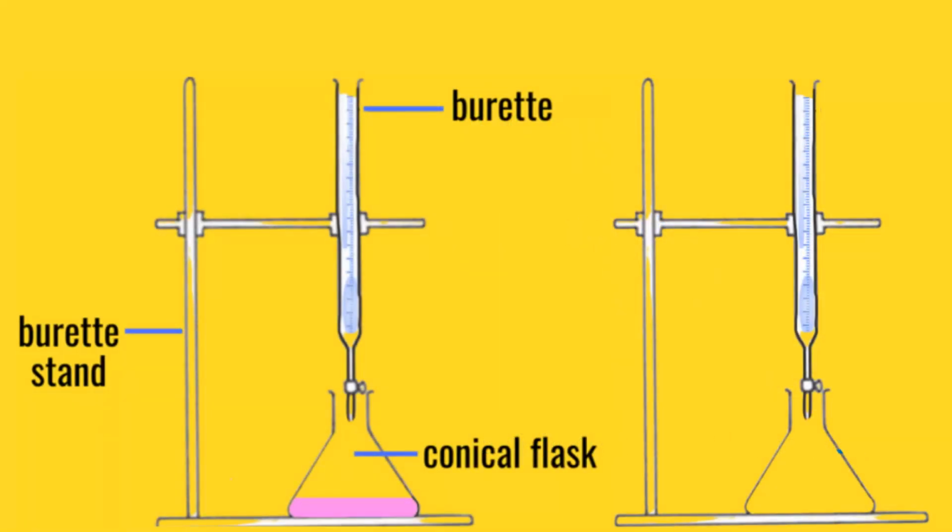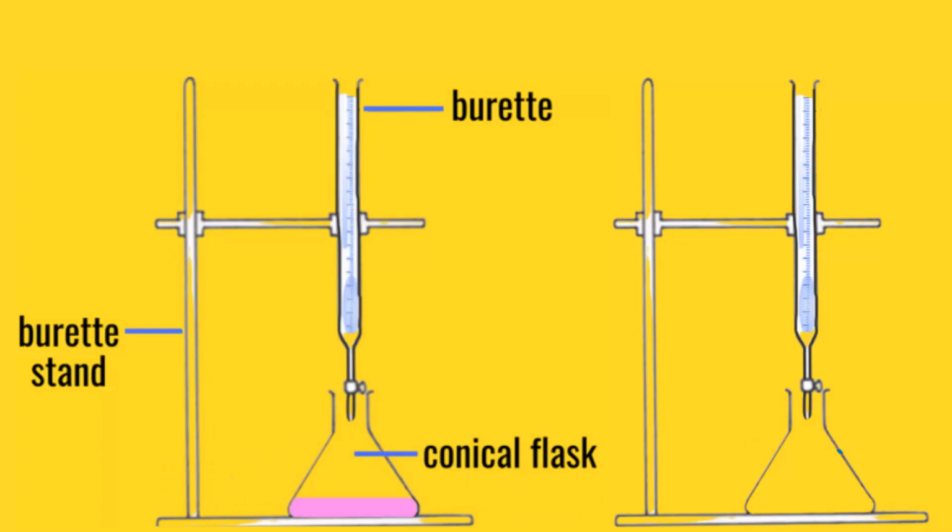So what you get is quite a sharp, obvious colour change from pink to colourless. It is a very good indicator because of this sharp change in colour, obvious change in colour, when you have used up the very last bit of sodium hydroxide.